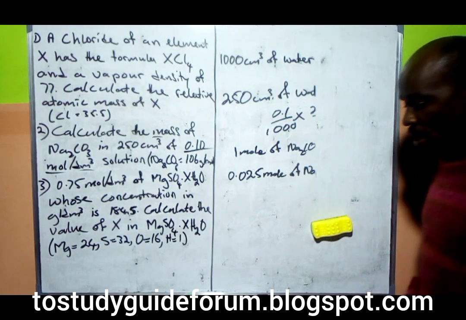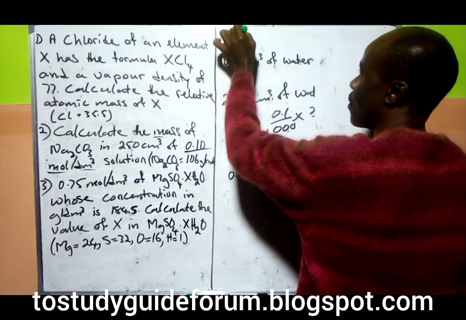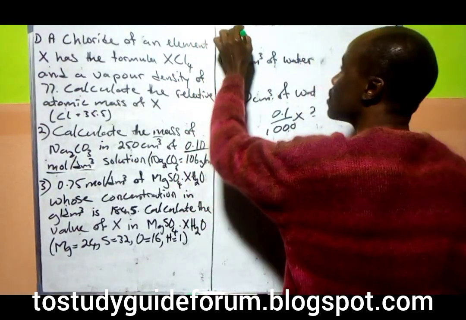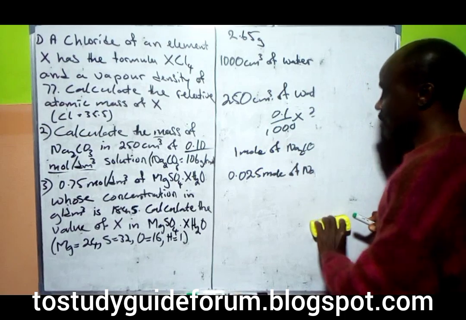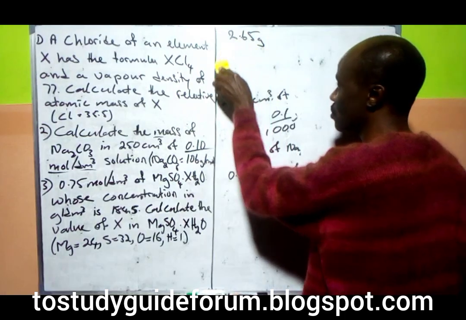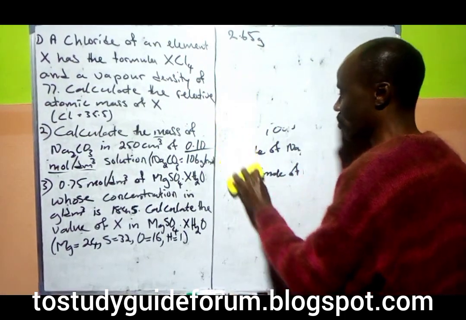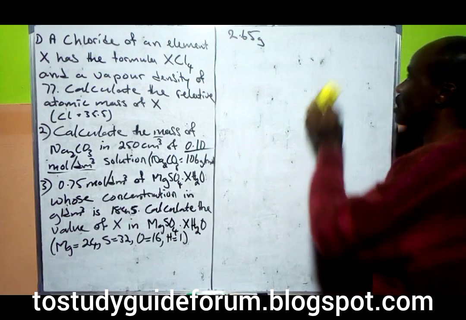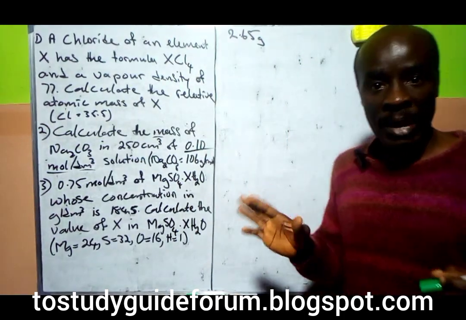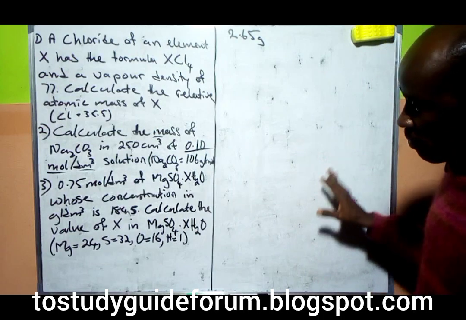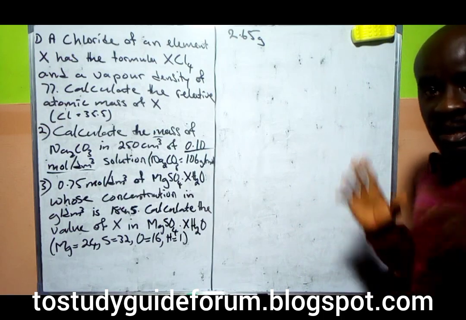I think our final answer is 2.65 grams. So now let's see what we are going to get if we use this method, so that we'll be able to know the best way of solving some of these problems. You don't have to stereotype yourself in one method. Sometimes one of them might be the simplest and the one that you can remember easily.